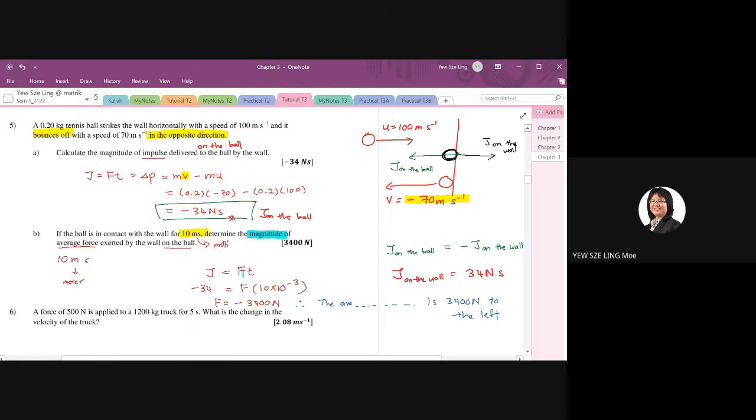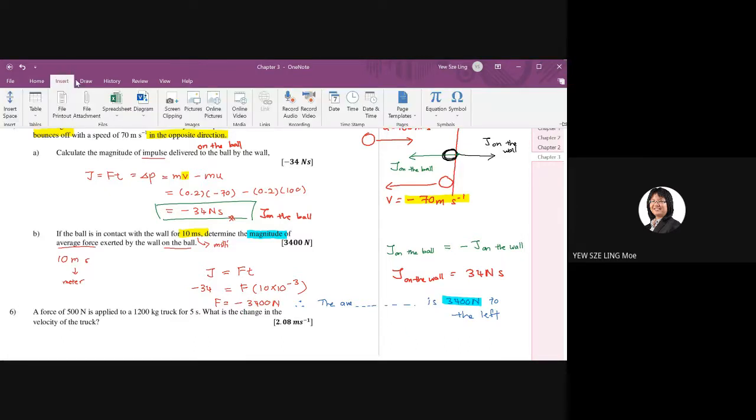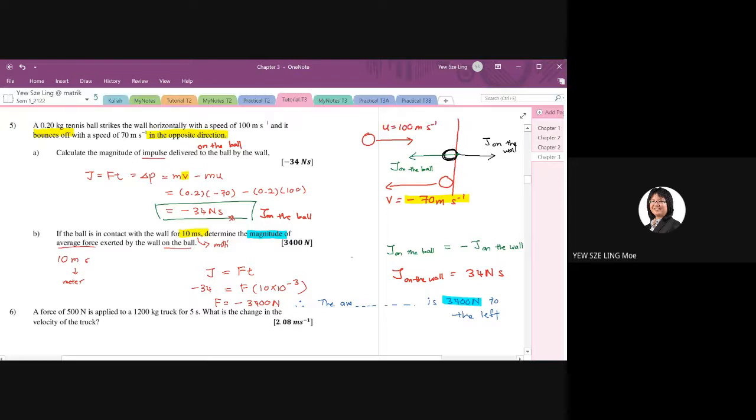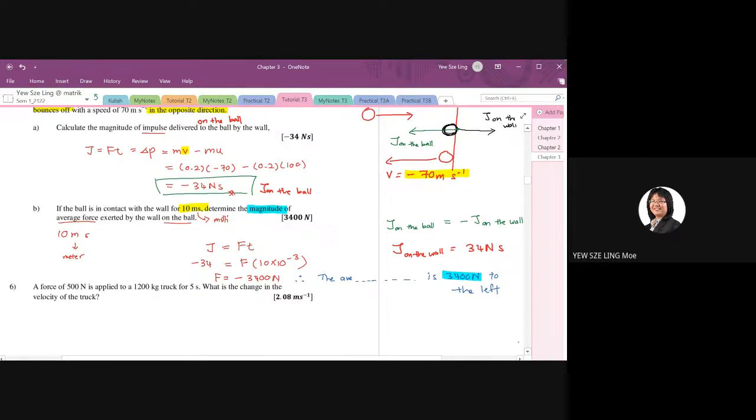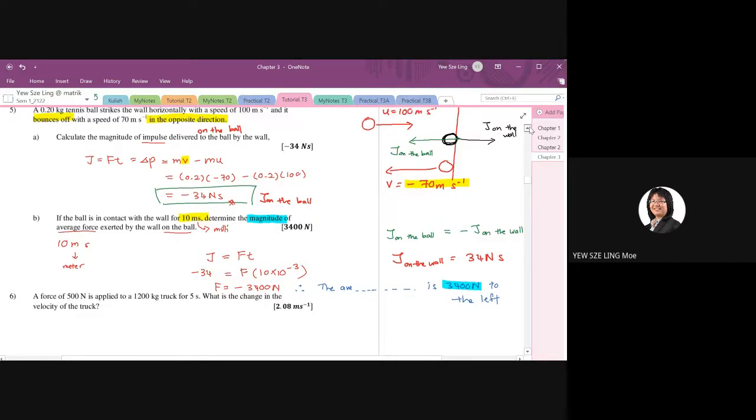If you leave the answer in the negative form, then you're going to get the wrong answer. That's why I say it is always a good idea to rewrite the answer in sentence form, so that you can get a positive value which represents a magnitude, and which also prevents arguments in your answer.